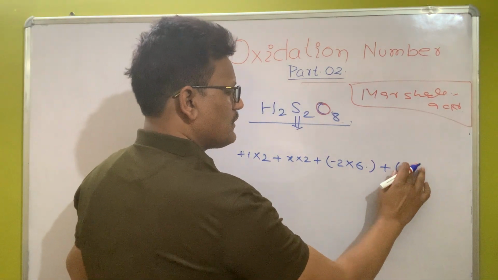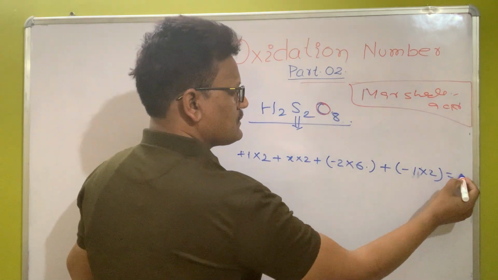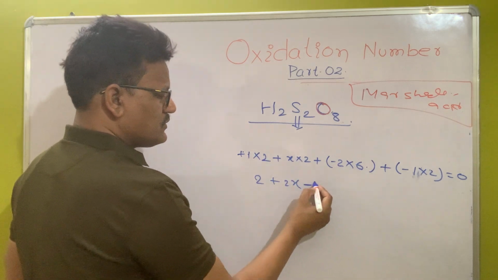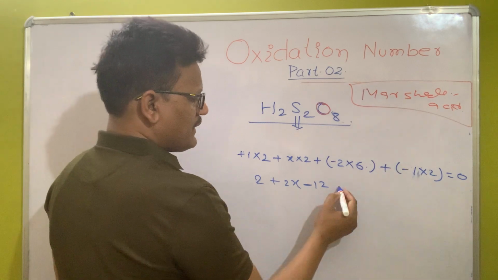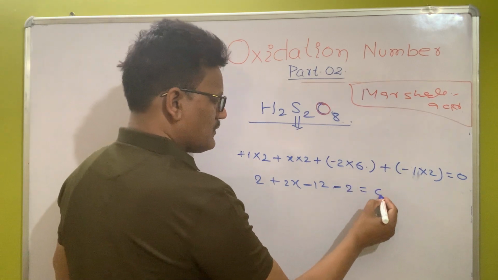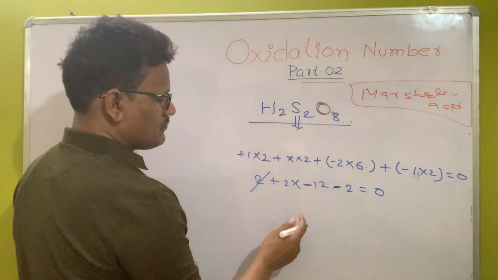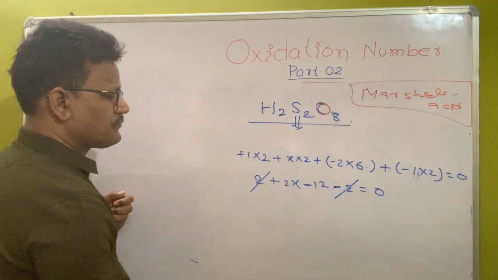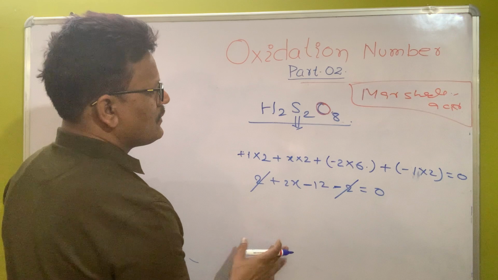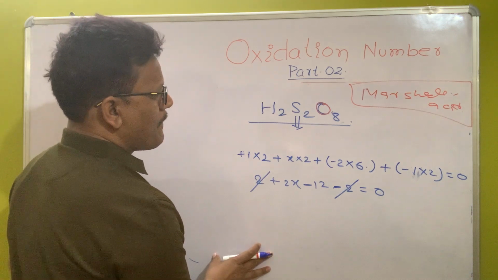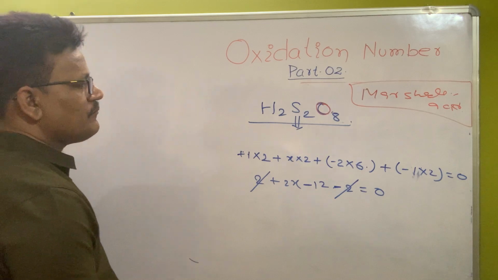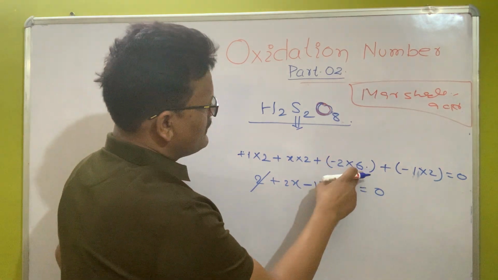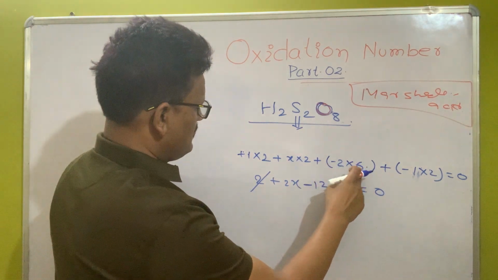So 2 plus 2x minus 12 minus 2 equals 0. We have 8 oxygen atoms.